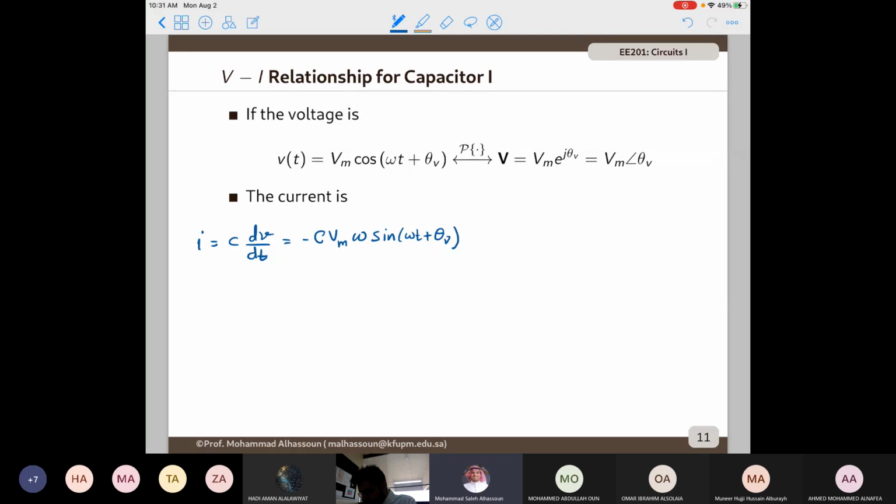So if we transform everything, since we're using the cosine convention, let's write it in terms of cosine.